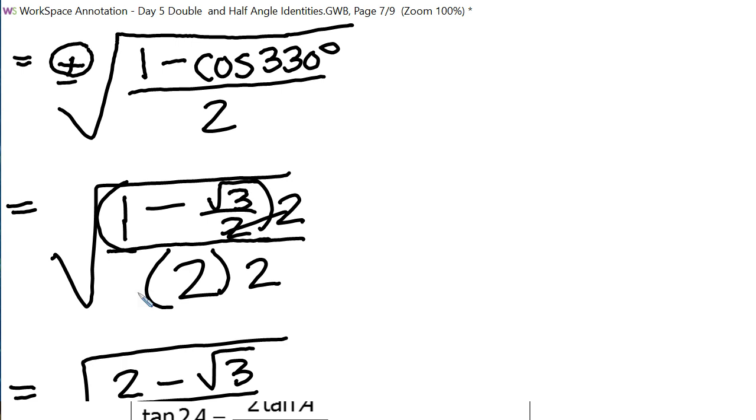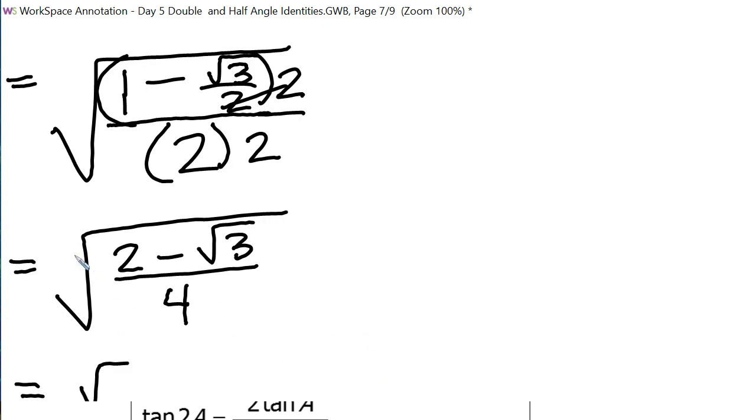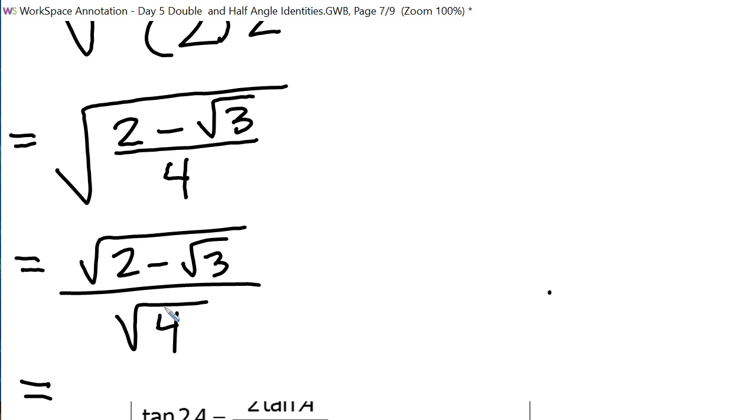Now the next thing you need to do is when you square root a fraction, you actually are taking the square root of the numerator as well as the square root of the denominator. Now I'm not going to try to figure out the square root of 2 minus square root of 3. I'm just going to leave the numerator alone. But if the denominator is a perfect square, simplify that one.